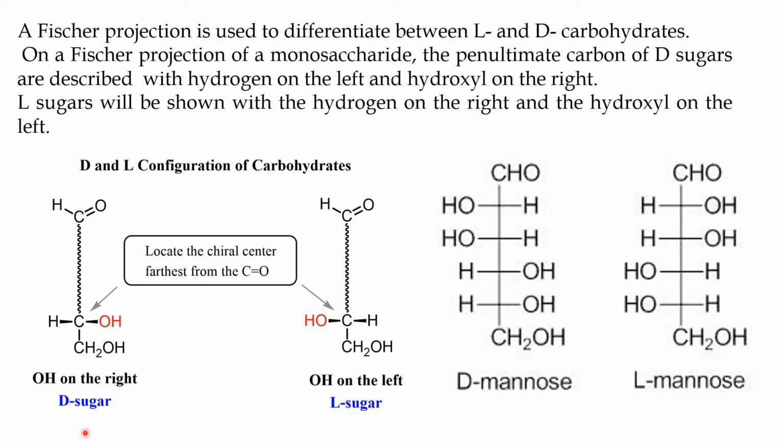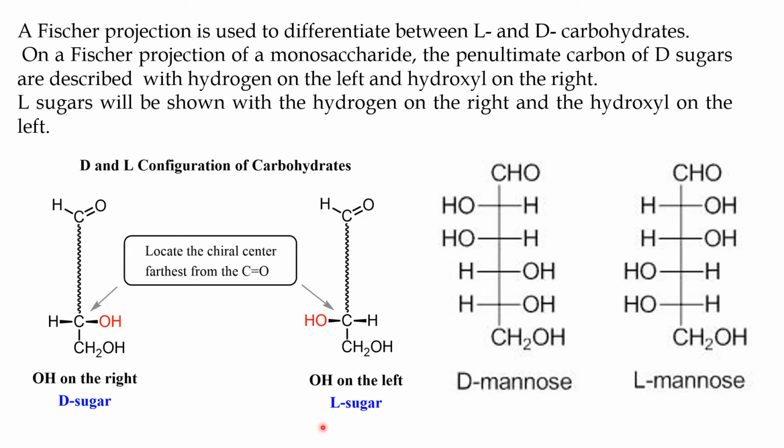So this is a D sugar, because in D-glyceraldehyde the OH group is on the right hand side. Comparing to glyceraldehyde, here also the penultimate carbon atom has the OH group on the right hand side. Hence, it is a D sugar. See, the same molecule in a different arrangement. All the carbon atom arrangements are the same except the penultimate carbon atom. Here the OH group is on the left hand side.